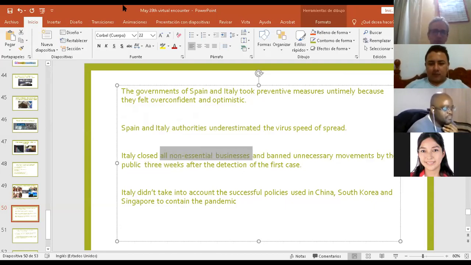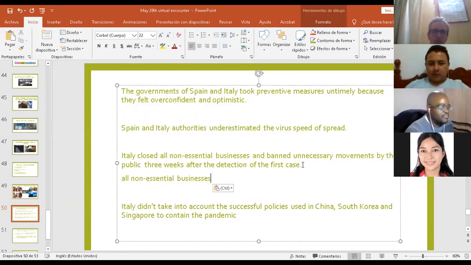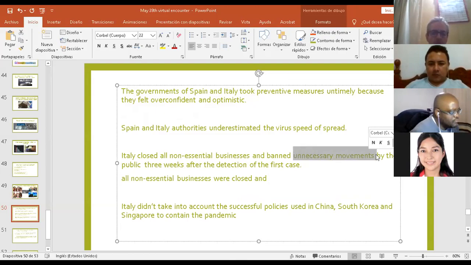So all non-essential businesses were closed, and the other object, unnecessary movements, were banned.